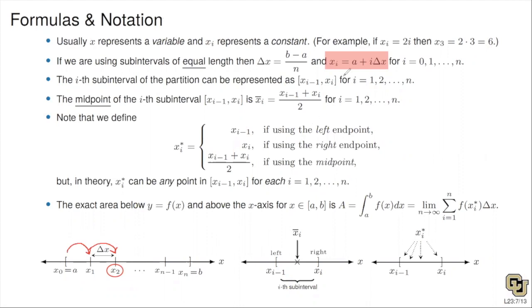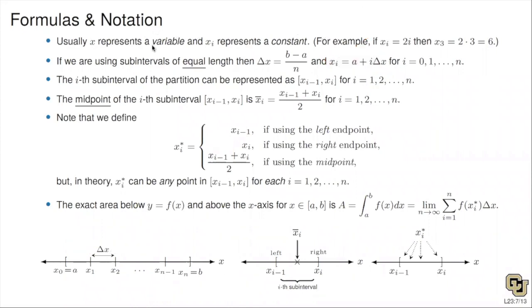And in general, if you want to get to the ith mile marker, starting from a, we're going to travel a distance of delta x, i times. Okay, so it helps to understand the story of the formula, that it's not just random. You can actually interpret it. It does make sense.